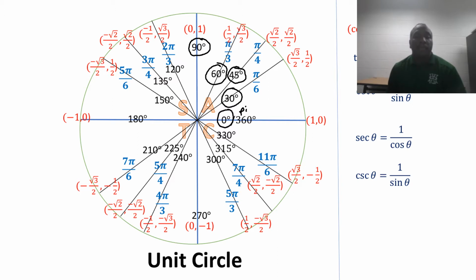Let's say we made 0 the pinky, 30 the ring finger, 45 the middle finger, 60 the pointer finger, and 90 the thumb.